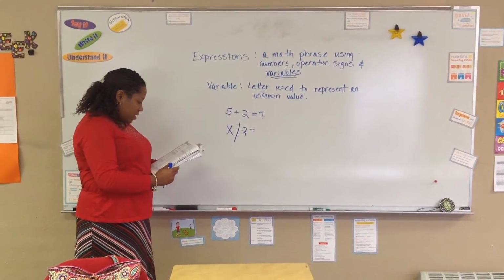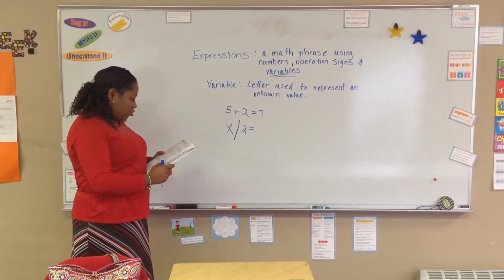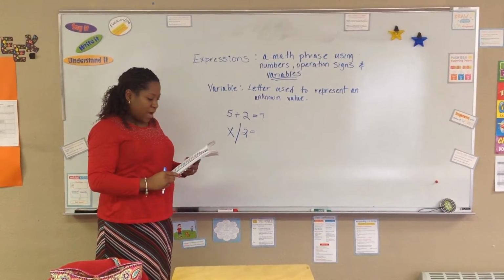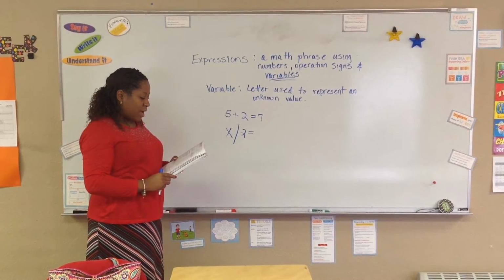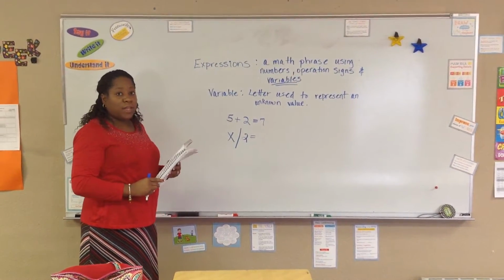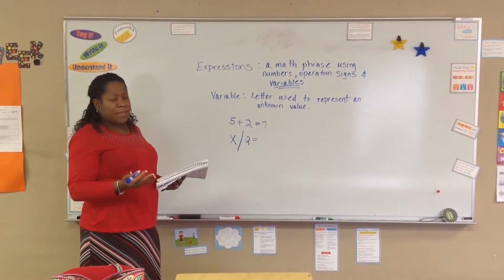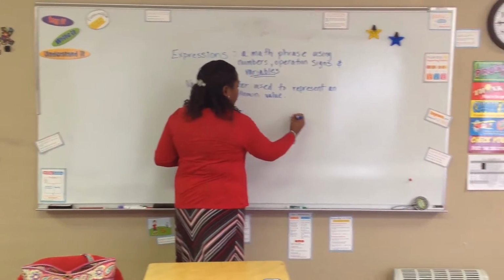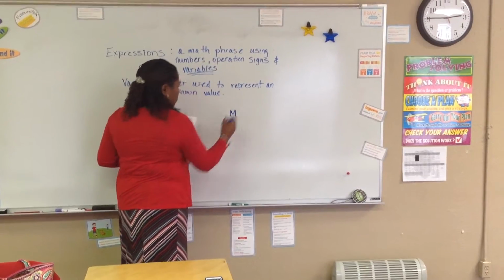Okay, let's look at this one. The trail guide led 3 times more hikers on the afternoon hike than he did on the morning hike. Well, how many did he take in the morning? We have no idea, so we can use M for morning.